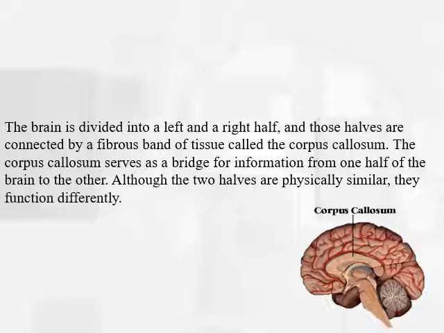The two halves of the cerebral hemispheres are identical or physically similar, but the function is different. The function of some areas in the right hemisphere is completely different from the same areas in the left hemisphere.